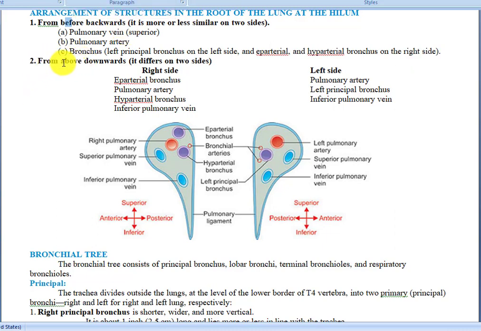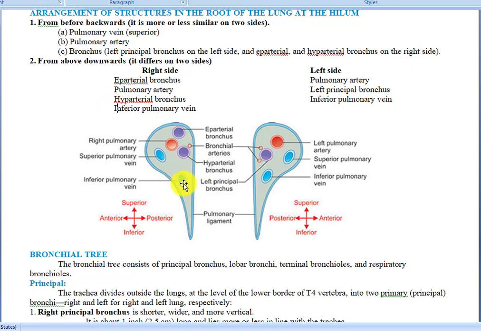And from above downwards, from superior to inferior, it differs on both sides, right? Look here. On the right lung, there is the eparterial bronchus superiorly. We say from superior downwards: the eparterial bronchus, then the pulmonary artery, this one, then the hyparterial bronchus, look, then the inferior pulmonary vein.